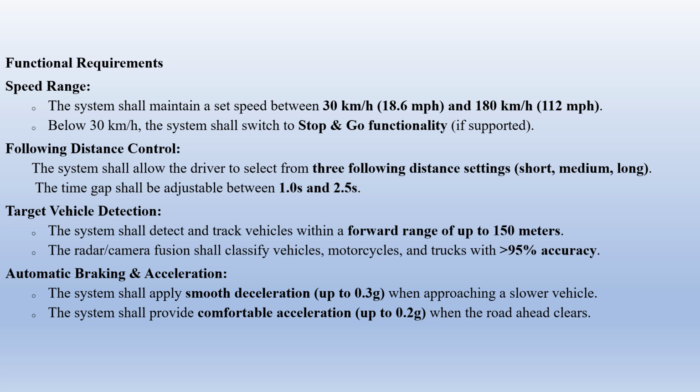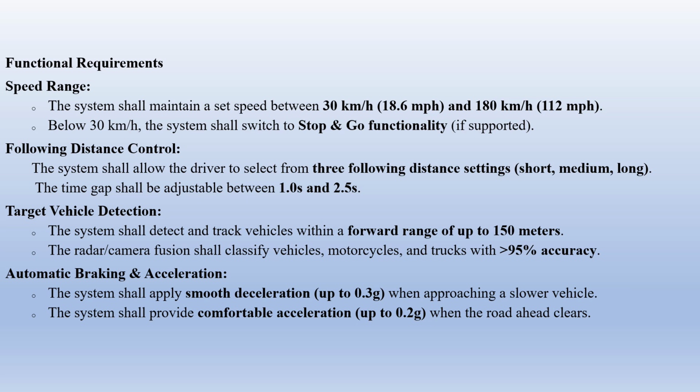The lower speed limit is 30 km per hour or 18.6 miles per hour, and 180 km per hour, 112 miles per hour. And below 30 km per hour, the system shall switch to stop and go functionality. Stop and go functionality is also a part of the ADAS ACC feature.